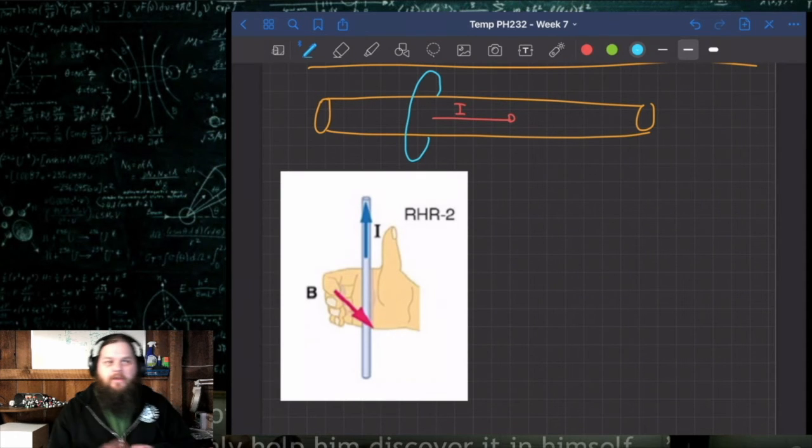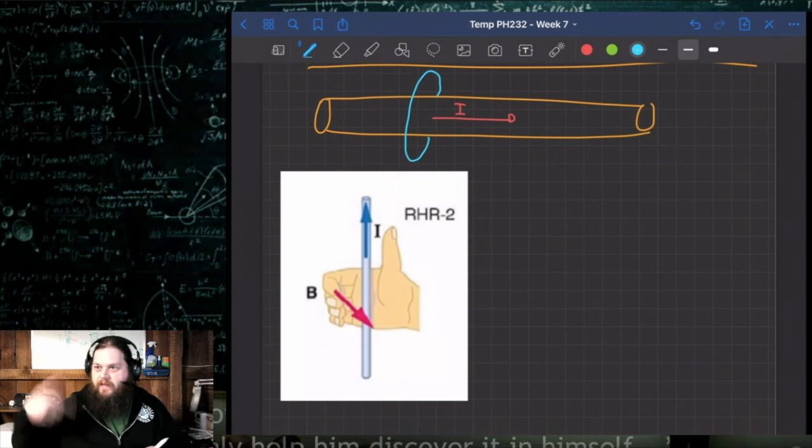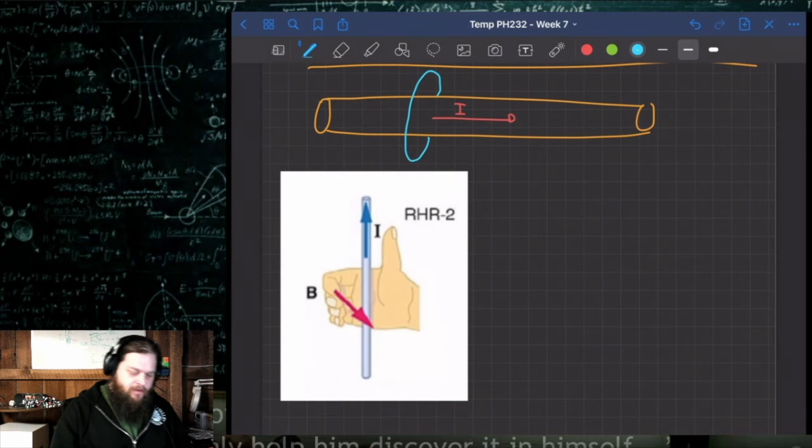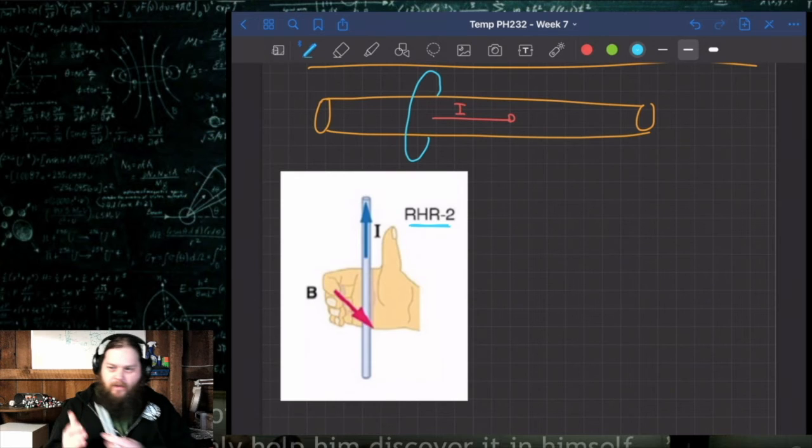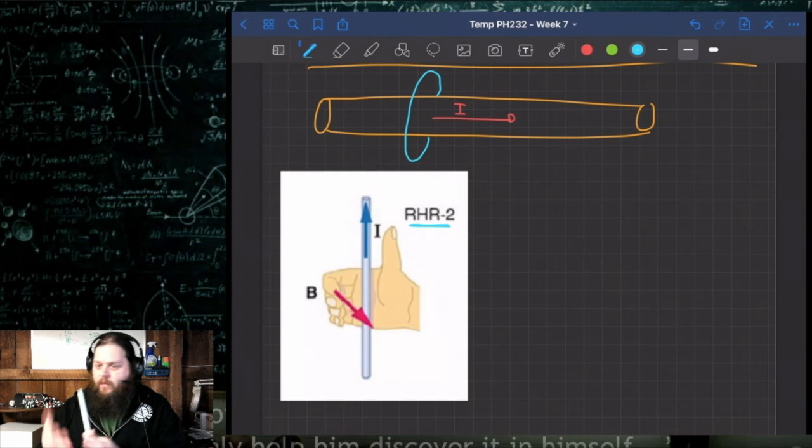We can determine the direction it circles around using this other version of the right hand rule. Assuming this pencil is my wire, I can grip it and put my thumb in the direction of the current. When I do that, my fingers represent the direction of that magnetic field radiating out from it, and it gets weaker and weaker the farther you get from it.